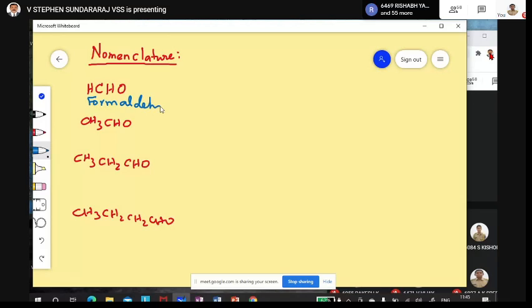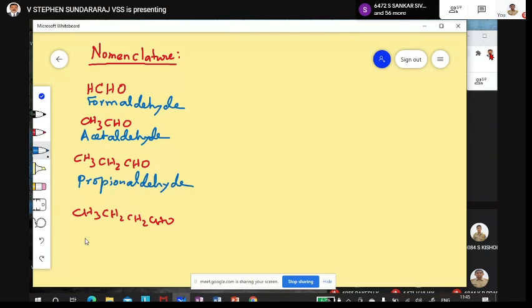This is acetaldehyde, and this is propionaldehyde. Propionaldehyde, and this is butyraldehyde.